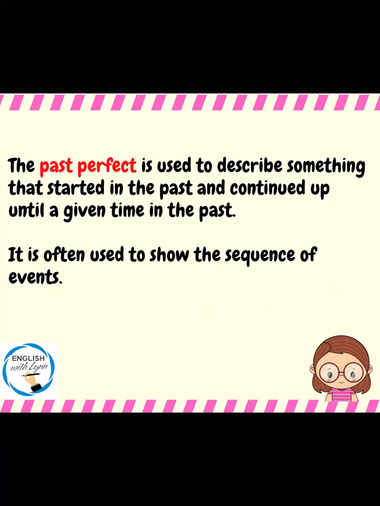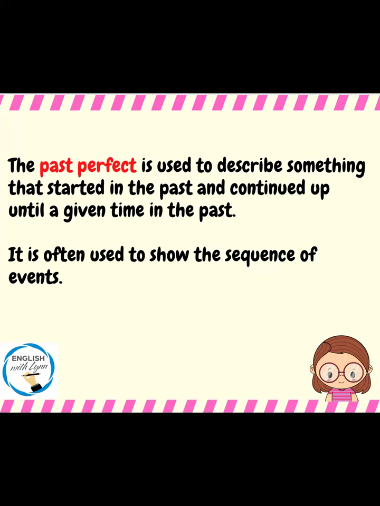So you might have a past simple mixed with the past perfect within the same sentence, and it's used to show that one event happened before another event. And like all of the tenses, there are three different forms that we need to know. We need to know the positive, the negative, and the question form. And that's what we are going to focus on today.